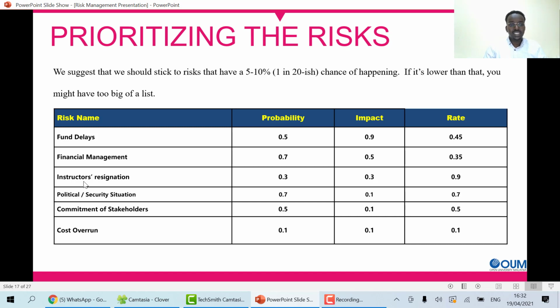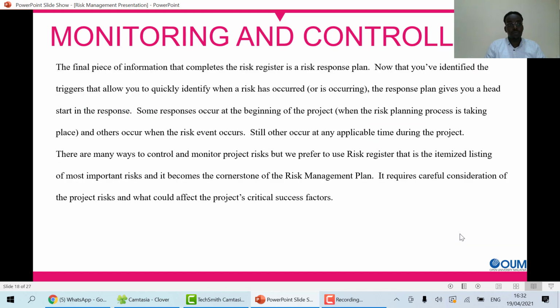Instructor resignation is another risk that has a rate of 0.9, and the political insecurity situation has 0.7, and commitment of stakeholders has a rate of 0.5. Changes in cost of run can occur in the costs of the project or program, with an impact of 0.1.